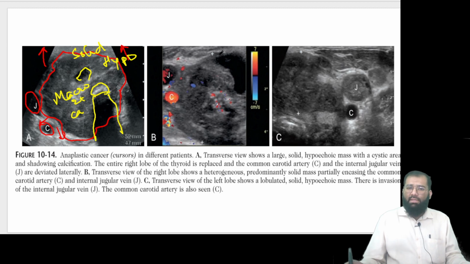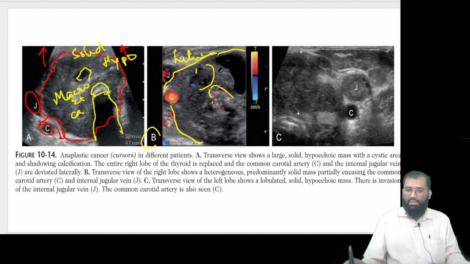Now again, this is another case. What is the important feature here is that there is a lesion which is entirely replacing the right lobe of thyroid, which is showing heterogeneous appearance. So it is heterogeneous. You can say some areas are hyper, some areas are hypo.